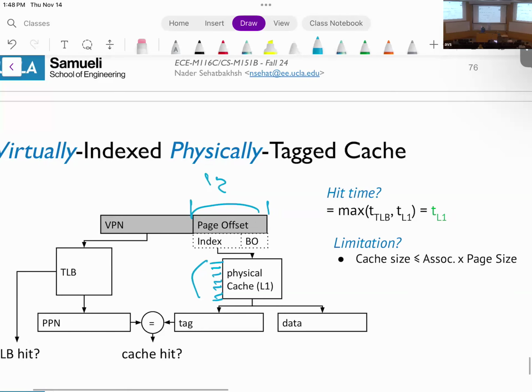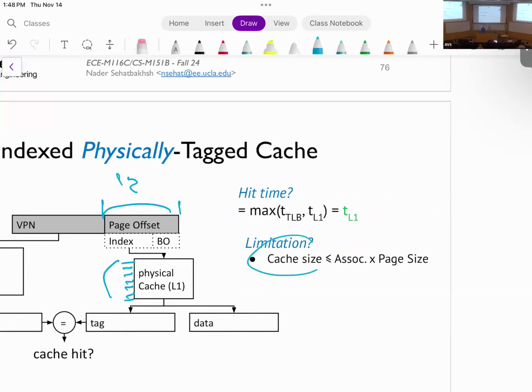And if you look at that formula, you will see that your cache size should be associativity times the page size. That's how you can calculate this number. I'm going to let you guys think about how we reach this number. But essentially what it says is that you cannot have more than 12 bits for the index, okay?